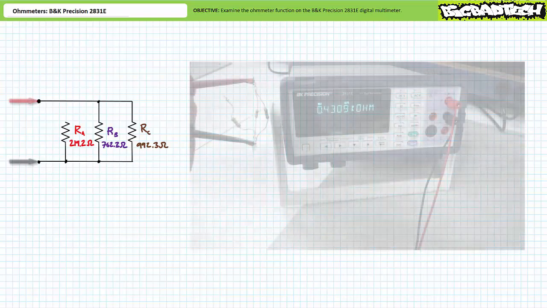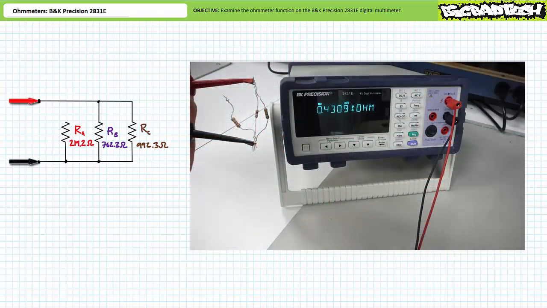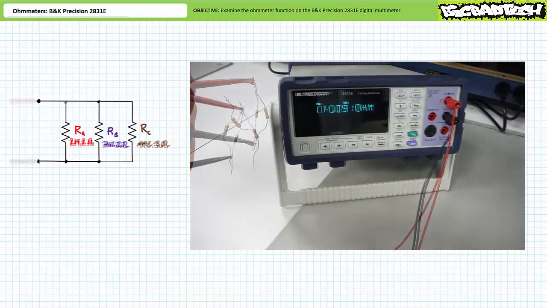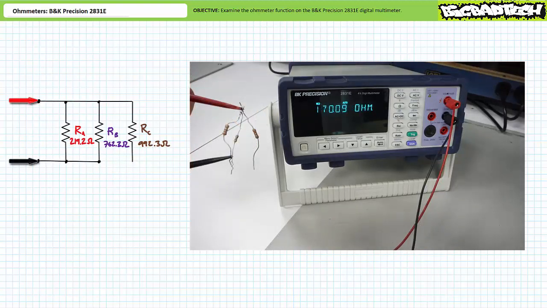First, let's examine opens. Consider the parallel combination of A, B, and C, where A is dangling out in space. The ohmmeter demonstrates that this parallel combination now presents a total resistance equivalent to only resistor B and C in parallel with one another. It makes sense, because resistor A is not really in this parallel circuit. Consider the parallel combination of A, B, and C, where now resistor C is dangling out in space.